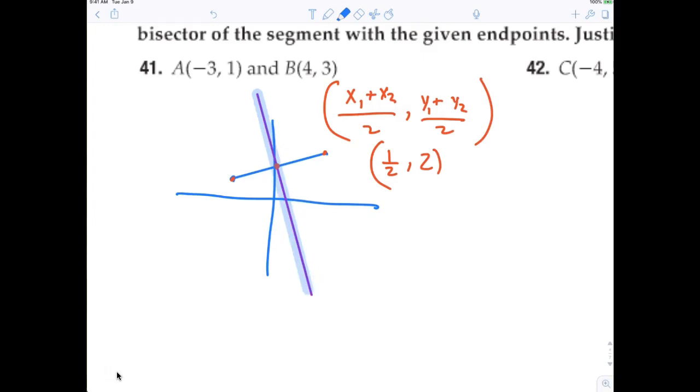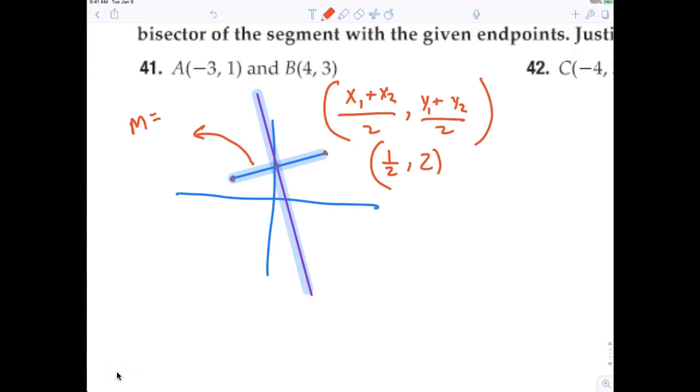The slope of that line is perpendicular to this line, so I need to find the slope of the first segment first. That slope is going to be what?